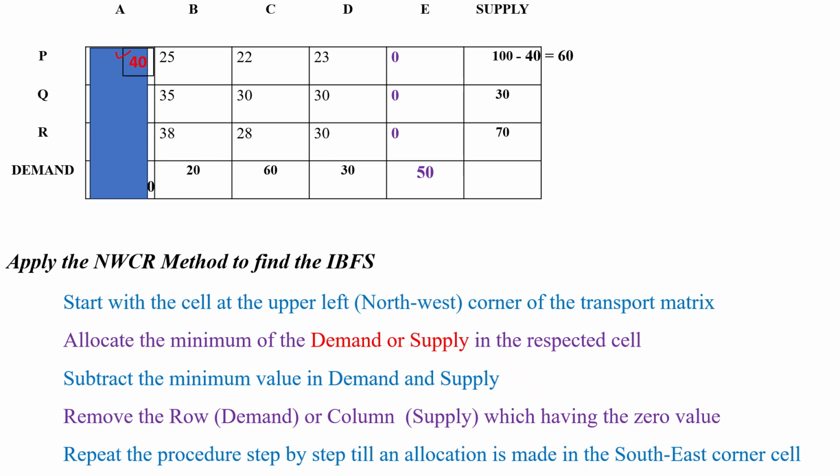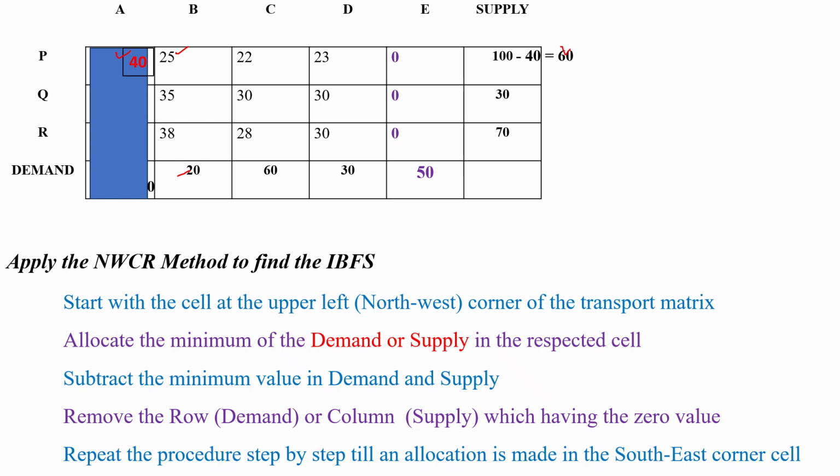Next, select the northwest corner of the transportation matrix. Here, this is the northwest corner. Here, allocate the maximum possible allocation, which means the minimum of demand or supply. Here, demand is 20 and supply is 60.